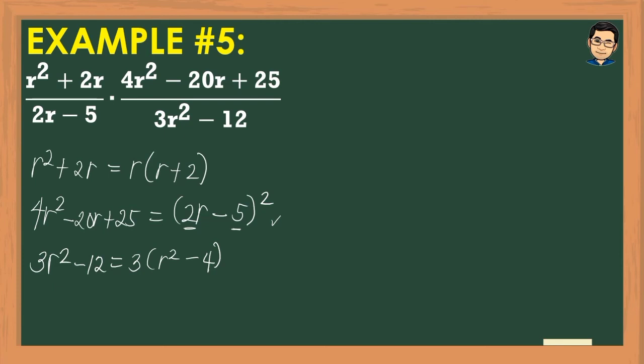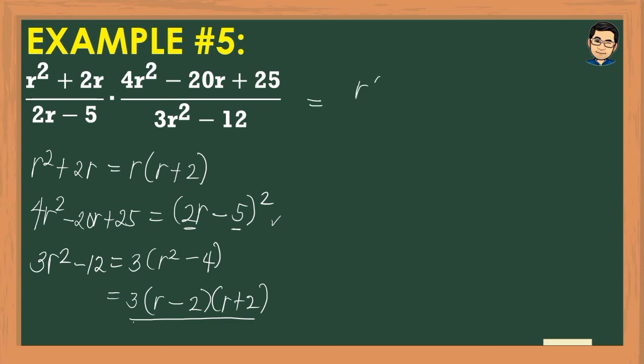So, dito, pwede natin siyang i-factor using difference of two squares. So, that will become 3 times, so square root of r squared, that is r, square root of 4, that is 2. So, r minus 2, tsaka r plus 2. So, ito pa lang po talaga yung factored form ng ating given. Now, rewrite natin.